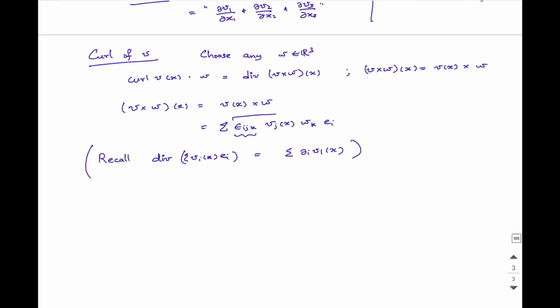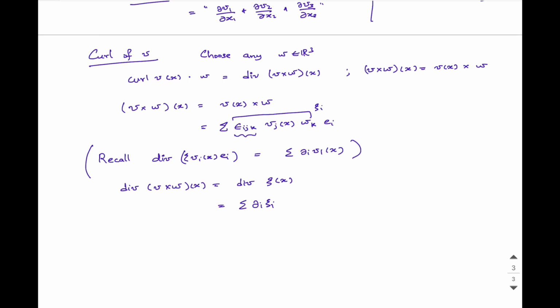So what I'm going to do is look at this entire thing. As the free index here is i, let me call this xi. So the divergence of V cross W at the point X is nothing but the divergence of the vector field xi at the point X. This is nothing but summation partial i xi i.